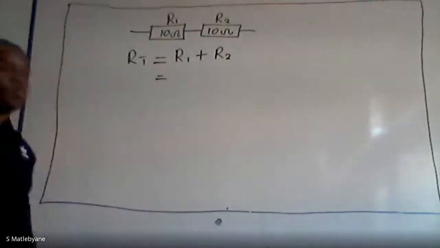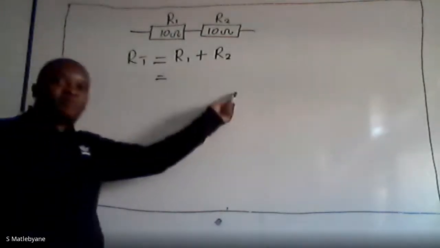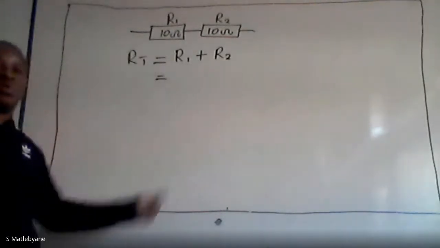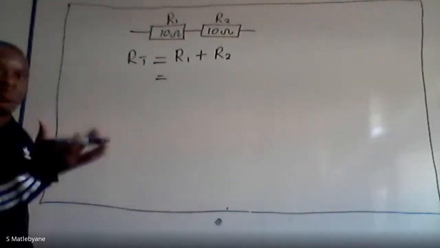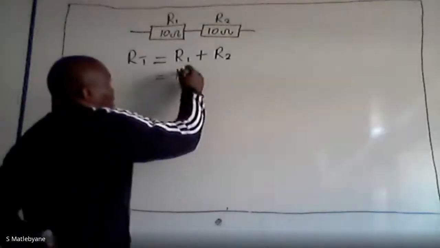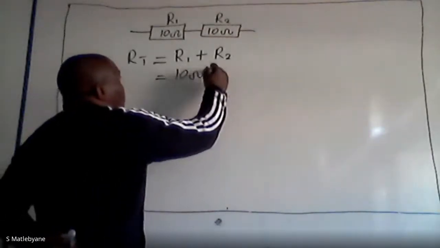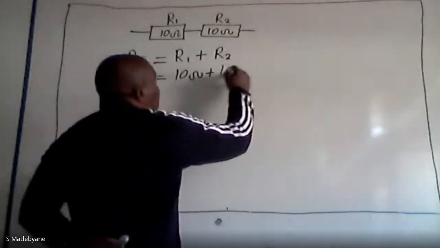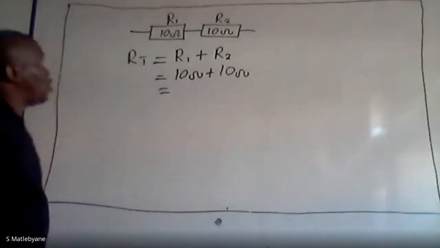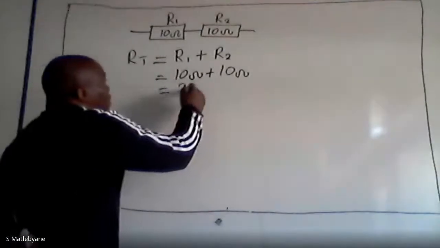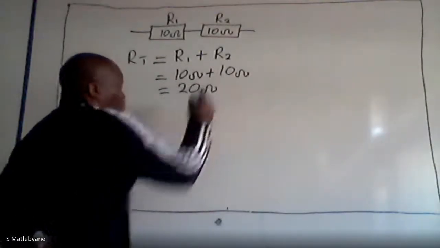Hence, I provide the formula so that you can write the formula first and show me the calculation so that I can follow what the 10 is for. You cannot just say 10 ohms. So it will be 10 ohms plus 10 ohms, now the value of RT, it will be 20 ohms.